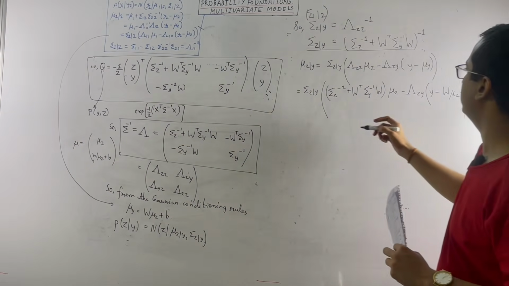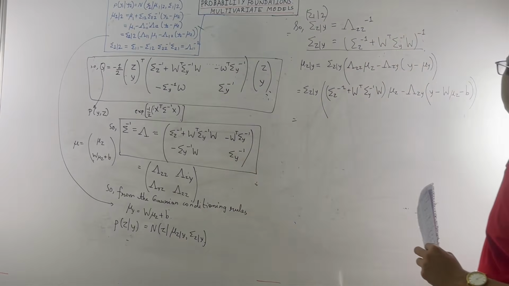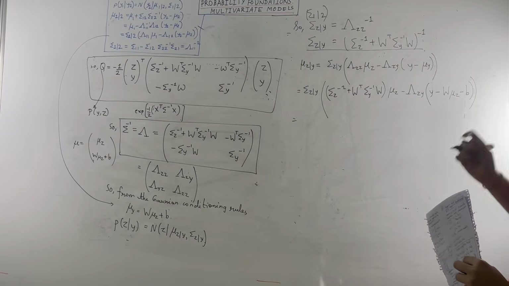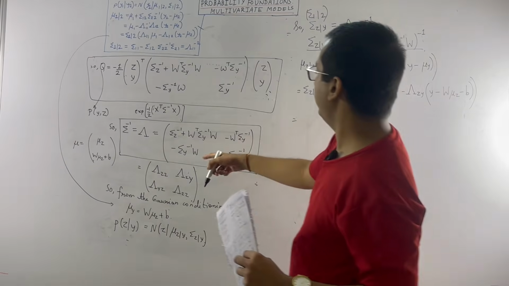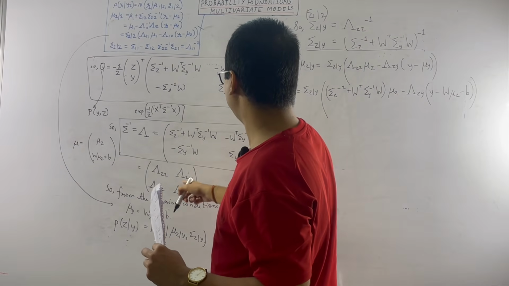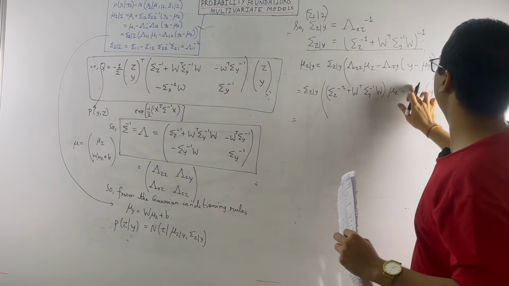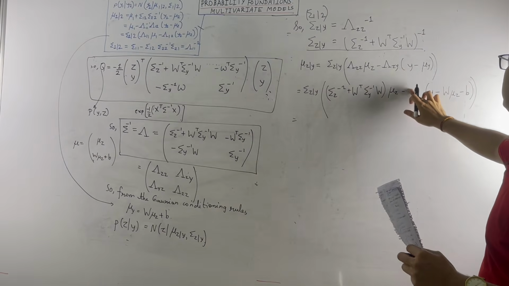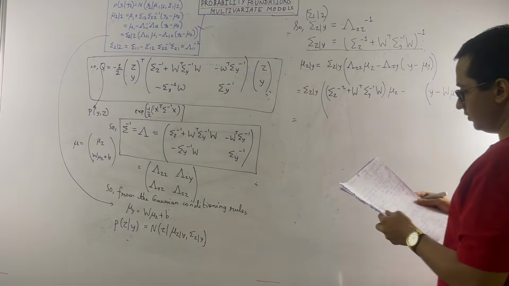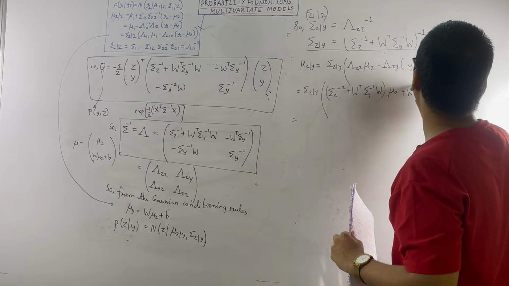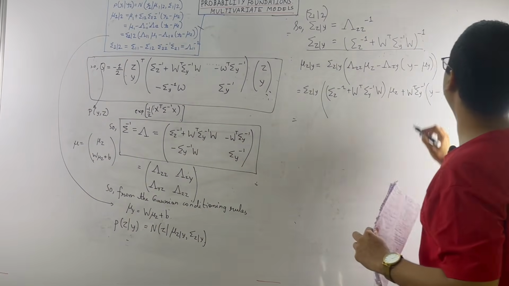So observe, okay? So which term gets cancelled? Acha, what is lambda zy? Lambda zy is minus w transpose sigma y inverse. Okay, so plus will happen, w transpose sigma y inverse.